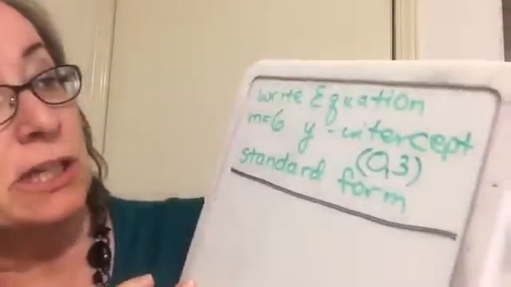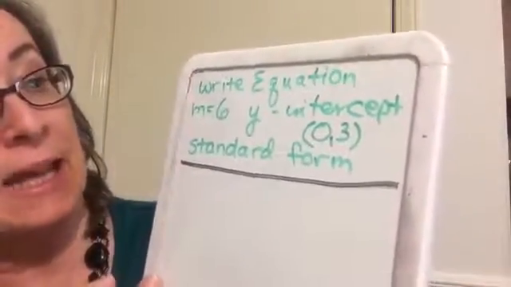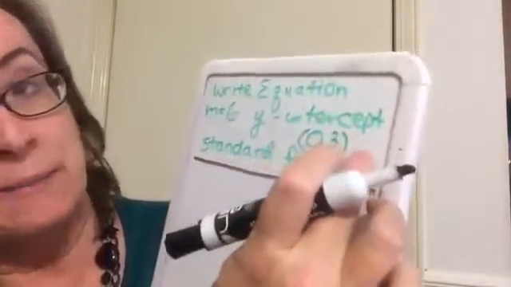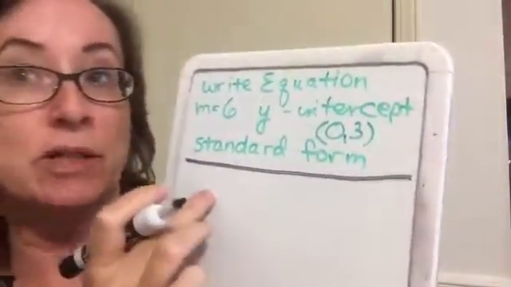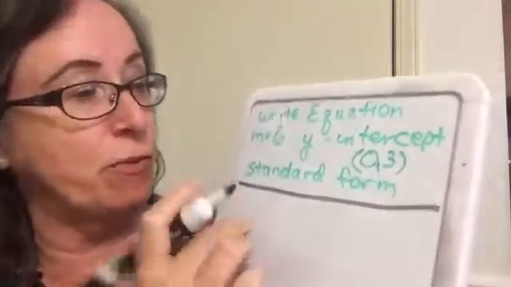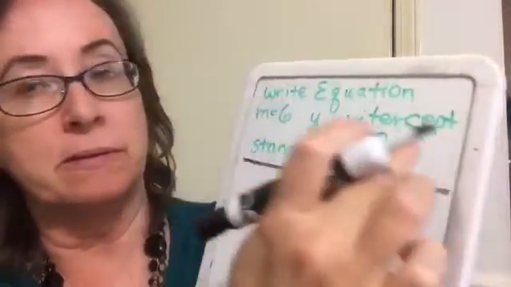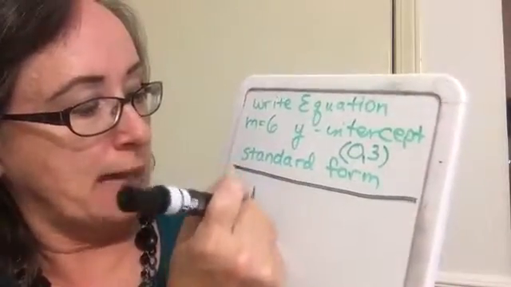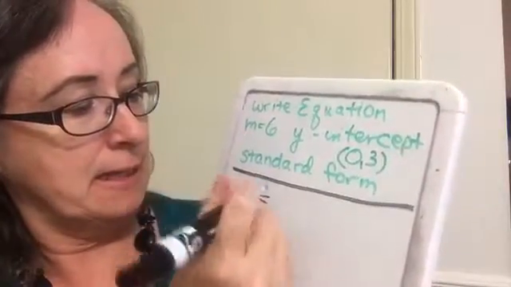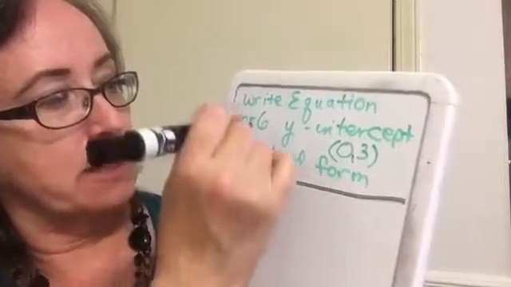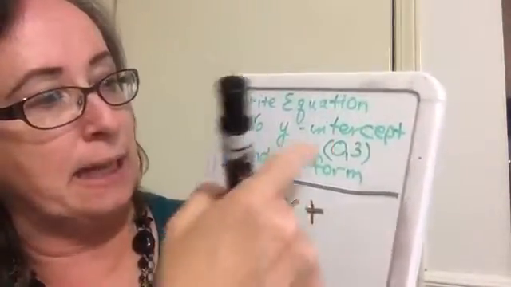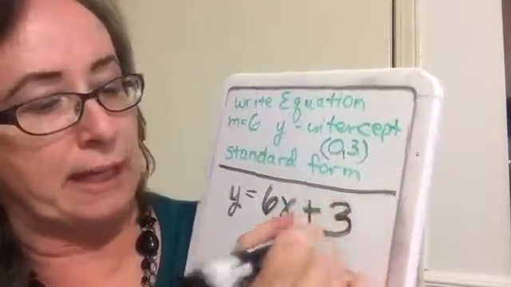Write the equation. m is 6, the y-intercept is (0, 3), and we're to write this in standard form. So we're going to start in slope-intercept form. y equals mx, which is going to be 6x plus b, and the b is 3.